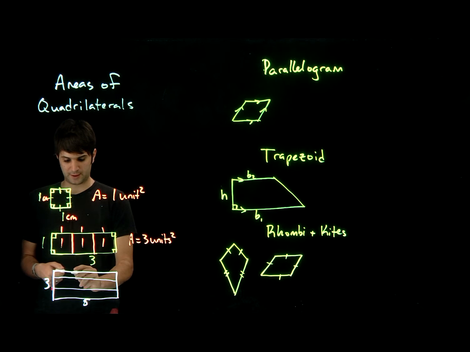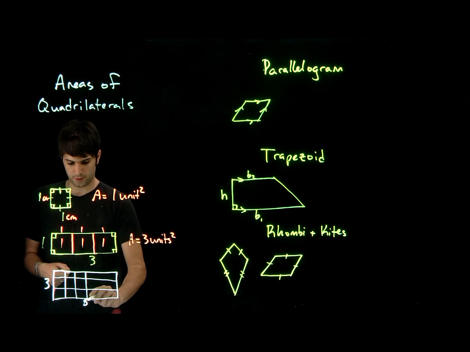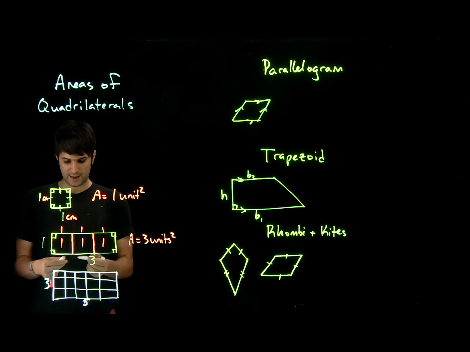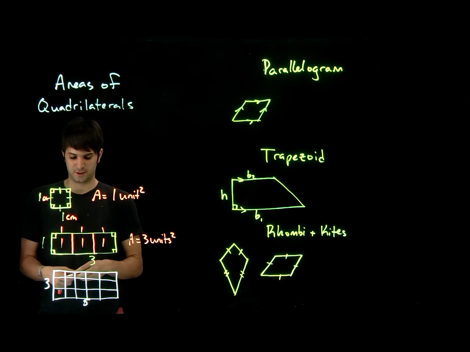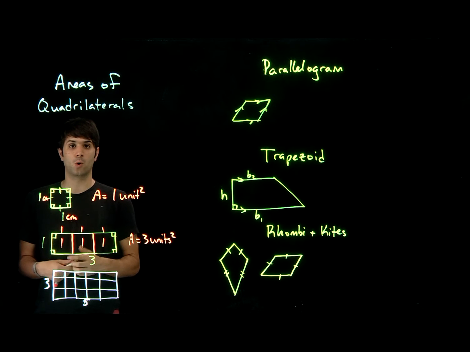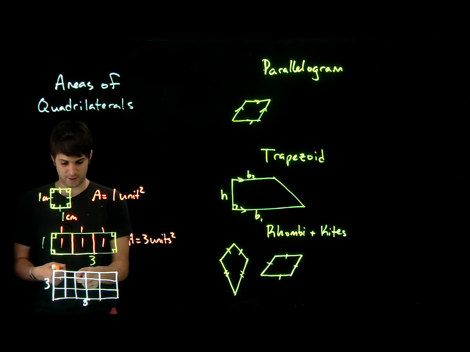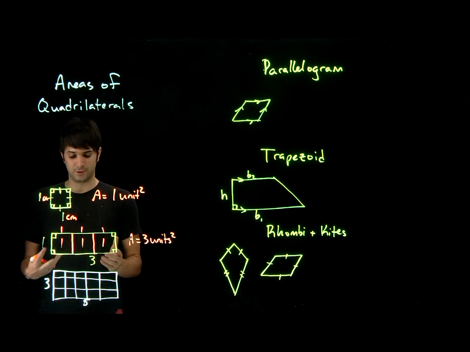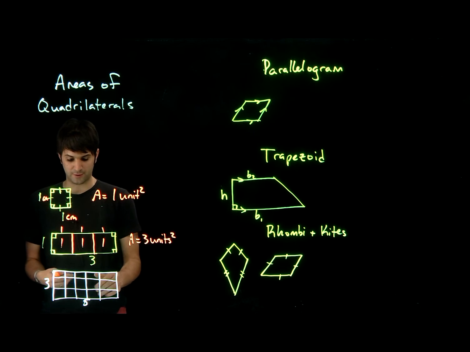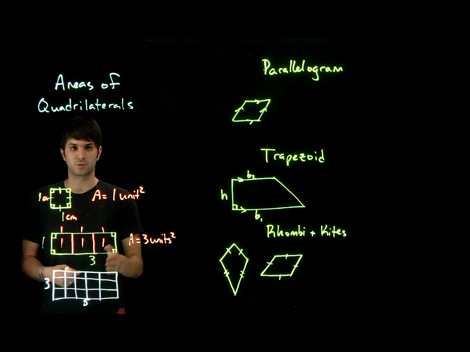And we're going to break this up into 5. So 1, 2, 3, 4. And now, even though my drawing is not perfect, these should all be 1 by 1 squares. So how many squares do we have? Well, 1, 2, 3, 4, 5, 6, 7, 8, 9. Anyway, we have 15, right? We have 5 plus 5 plus 5, or 3 plus 3 plus 3 plus 3 plus 3.